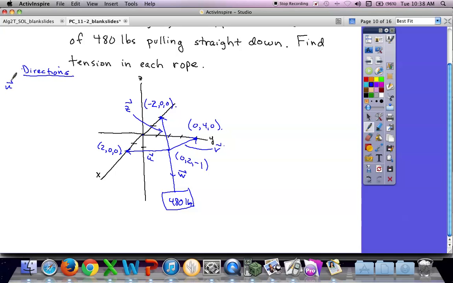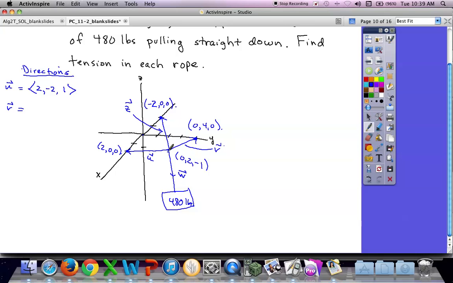For U, it should be in the direction of 2 minus 0, which is 2, 0 minus 2, which is negative 2, and 0 minus negative 1, which is 1, right? Just do the subtraction like we did, terminal point minus initial point. The direction of the vector V, do it again.